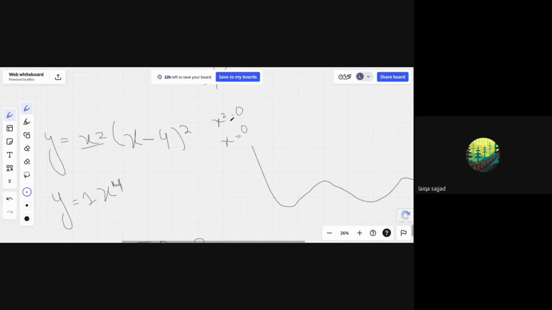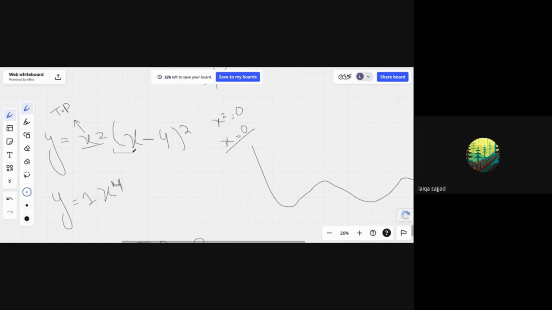It's 0, and it has a power of 2. It means that will we get a turning point through this factor x square, or will we only get the x-intercept? When we have a power of 2, it gives you a turning point. So it also gives you a turning point, not the x-intercept. It means that you will have one turning point when the value of x is equal to 0.